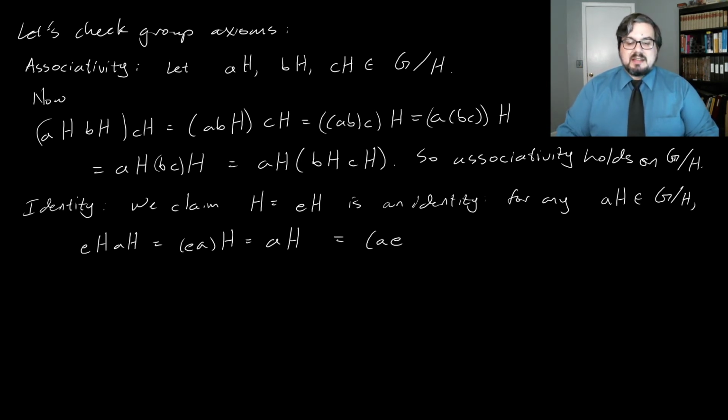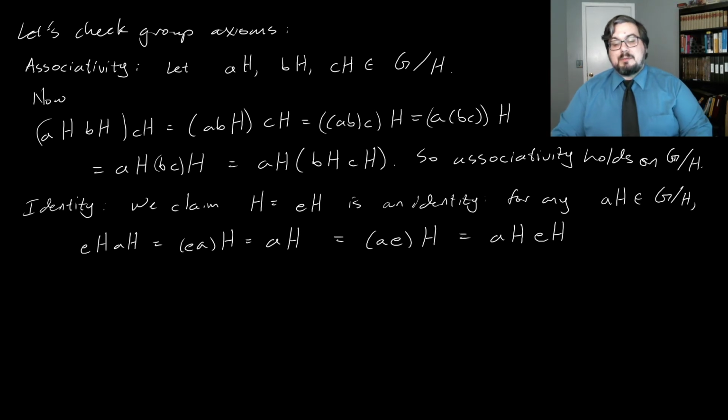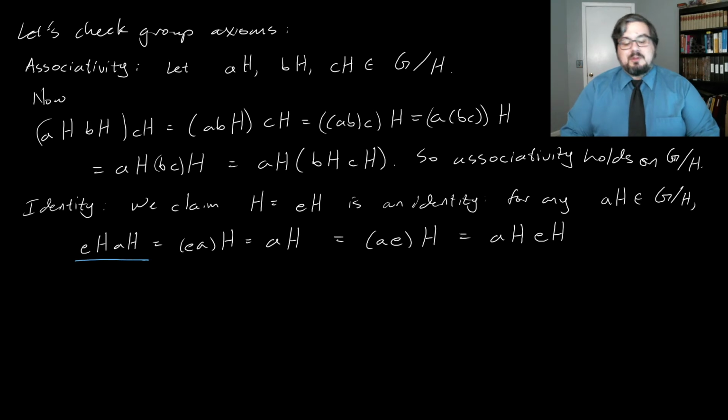But of course that's the same as A times the identity times H, which is the same as the coset with representative A times the coset with representative E. So the fact that if we multiply on the left by EH, we get AH, and if we multiply on the right by EH, we get AH back, means that EH is the identity for the group.